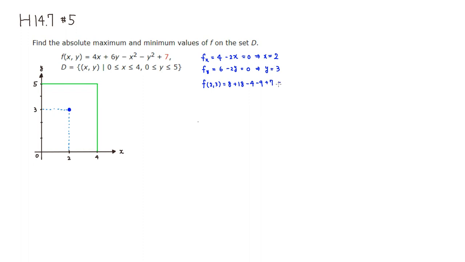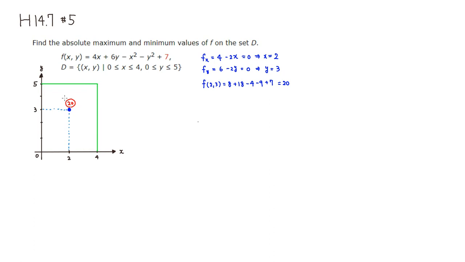So we get 20, and I'll put 20 in a circle right here.